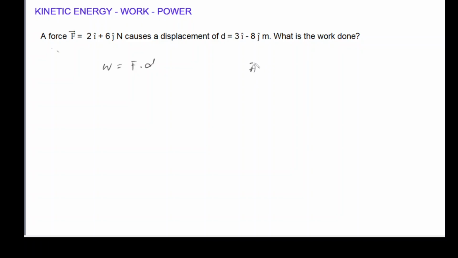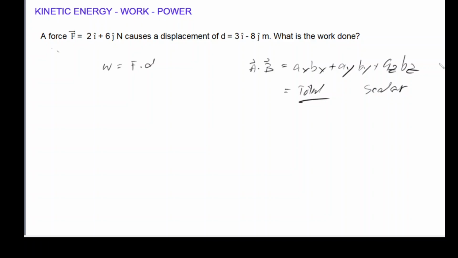If you have two vectors, A dot B, that would be equal to Ax times Bx plus Ay times By plus Az times Bz. And you would get a total amount because this is a scalar, and you would just add all the values you found for each component.